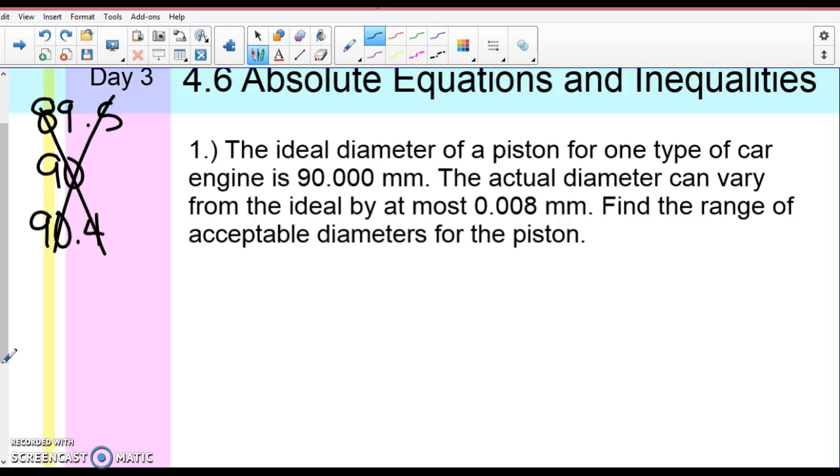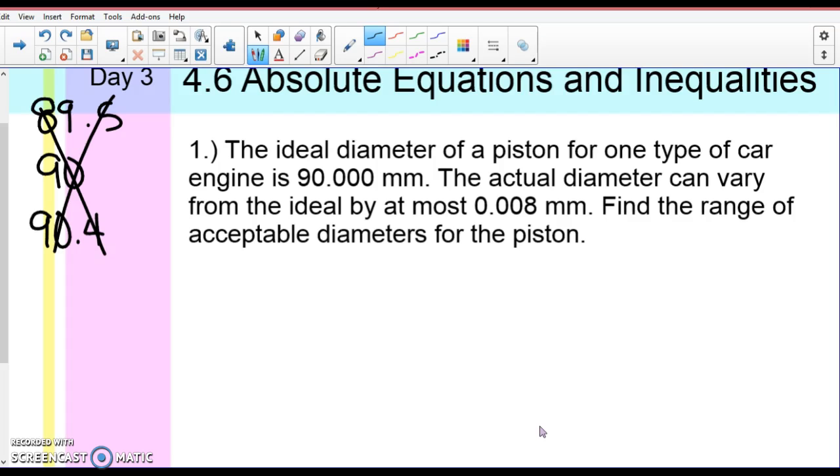It says the actual diameter can vary from the ideal by at most 0.008 of a millimeter. Find the range of acceptable diameters for the piston. So, what does at most 0.008 mean?